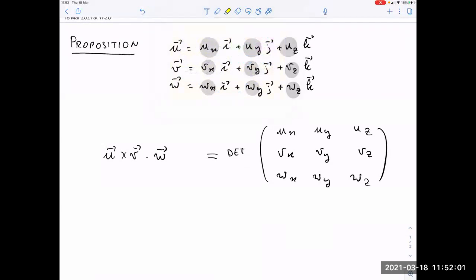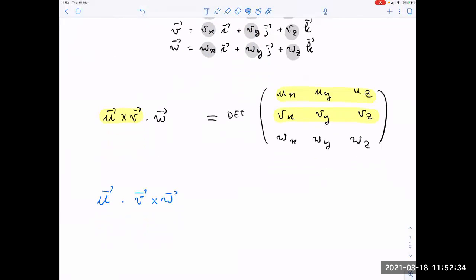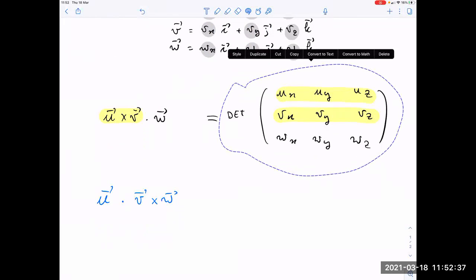So one way of seeing this is that if you want to compute this cross product, basically you are looking at this table and you compute the 2 by 2 determinants. And then you multiply those by numbers, right? So if you think about what we did yesterday, it is very natural, I hope, to see that u dot v cross w is exactly this determinant.